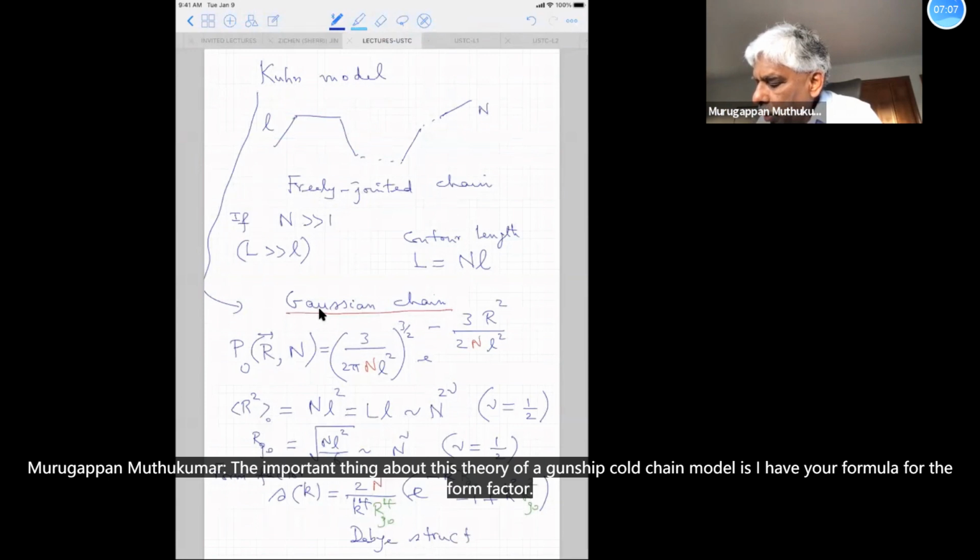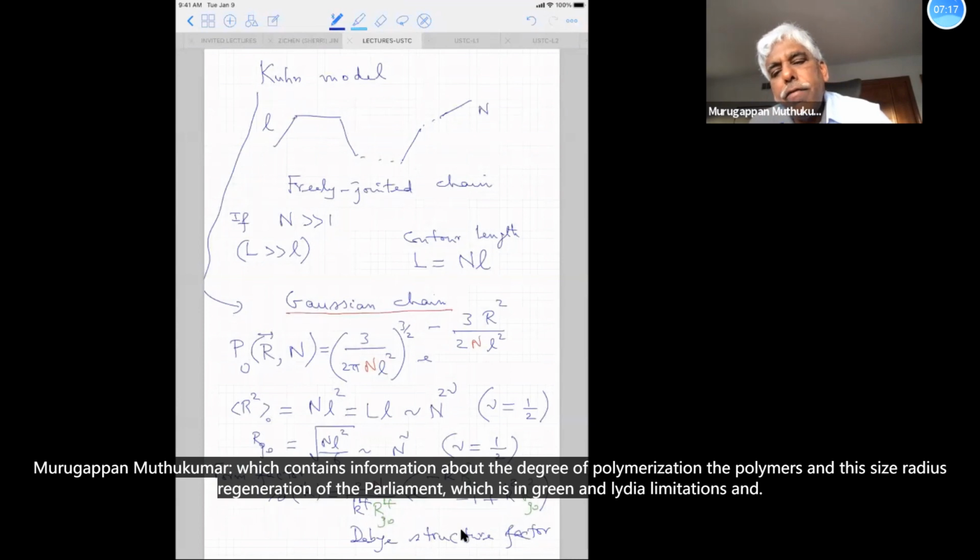The important thing about this theory of the Kuhn chain model is that I have a formula for the form factor, which contains information about the degree of polymerization of the polymer, n, and the size, the radius of gyration of the polymer, which is in green.